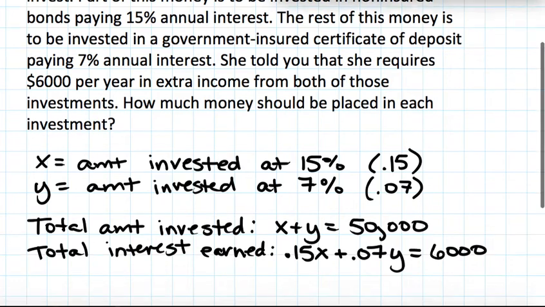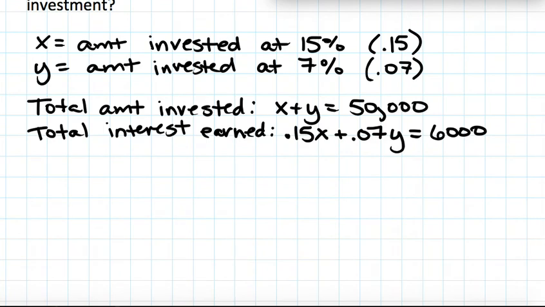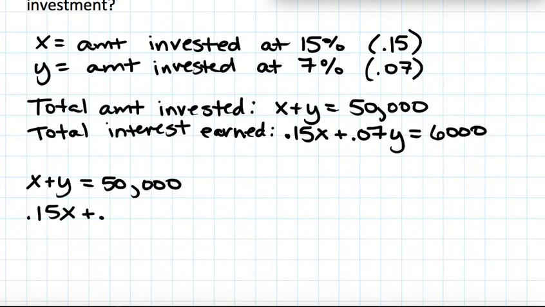So those are my two equations. Now I'm going to solve the system. This one I'm going to do using addition just to show a different method. Again, you could use substitution here as well because I have the x and y with no numbers in front. That would be easy enough. So these are my two equations.